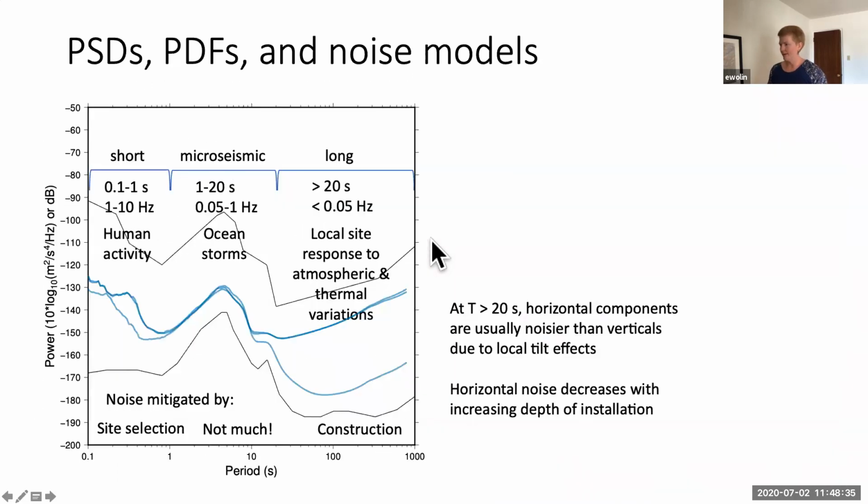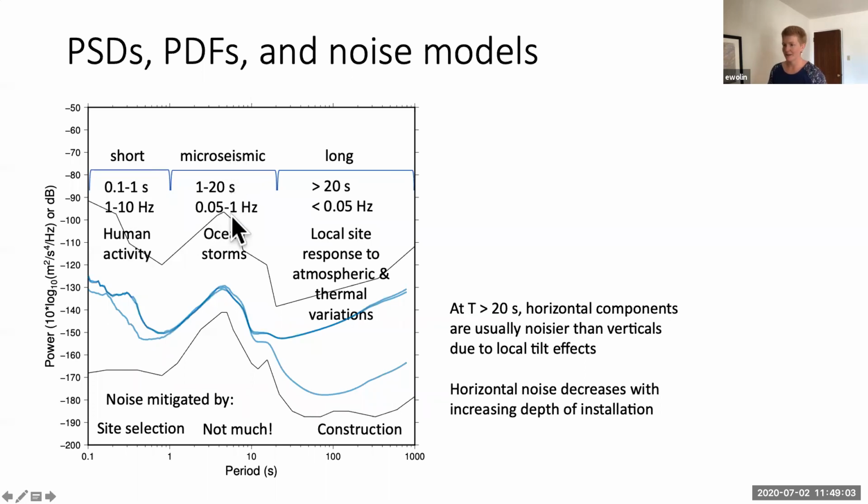Okay, so again, just a quick summary. I think everyone has their own idea of what short period, long period signals are, but here's what I generally mean when I talk about short periods or long periods or microseisms. Short period noise, generally 1 to 10 hertz, is most often caused by human activity or small local earthquakes.